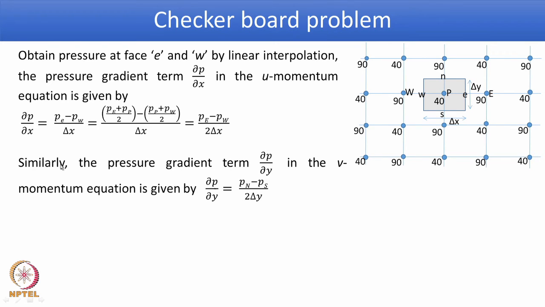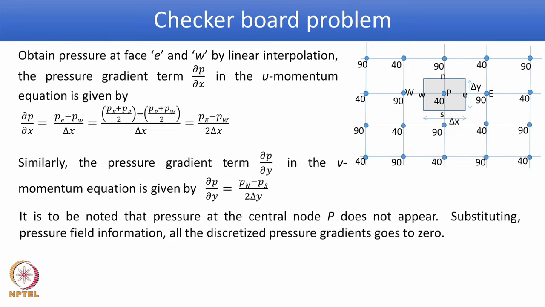Now, what is to be noted: you are interested in finding ∂P/∂x and ∂P/∂y, and you get an expression without the node of interest term appearing. So, it is to be noted that pressure at the central node P does not appear in the final expression for the gradient ∂P/∂x or ∂P/∂y.